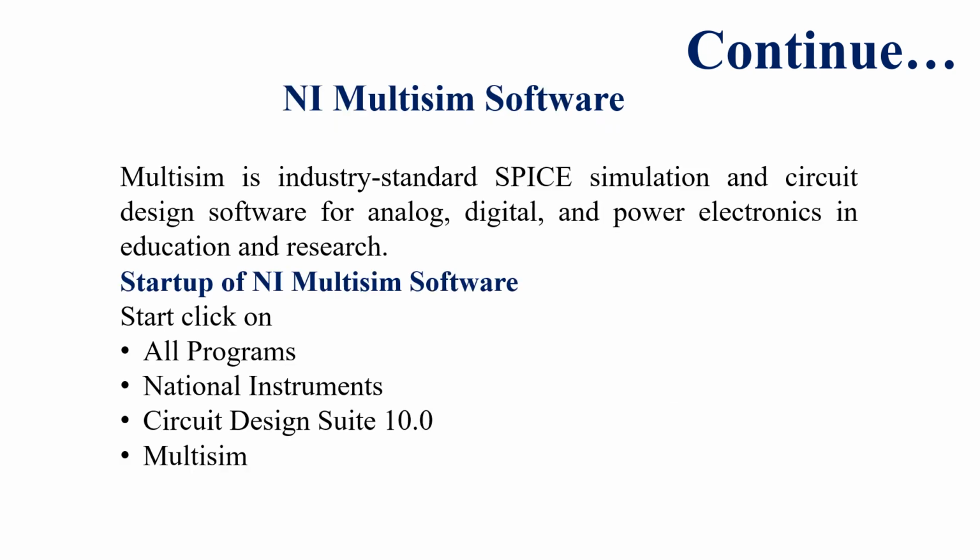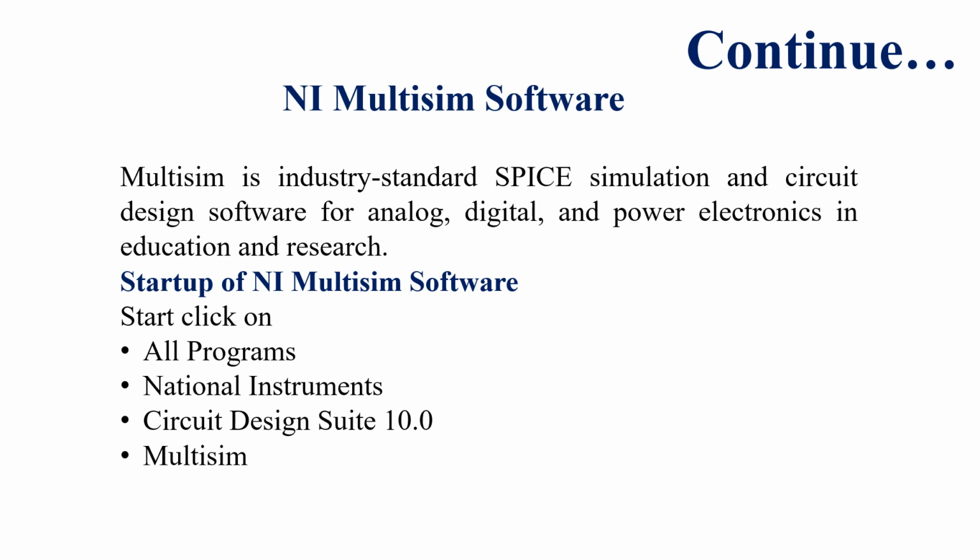Now, moving towards the software which we are going to use for simulation purpose of this experiment. We will use NI Multisim software for the simulation of parallel circuit. What is NI Multisim? Multisim is industry standard SPICE simulation and circuit design software for analog, digital and power electronics in education and research sector.